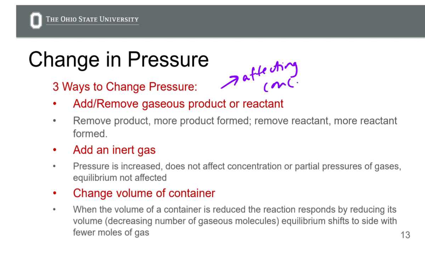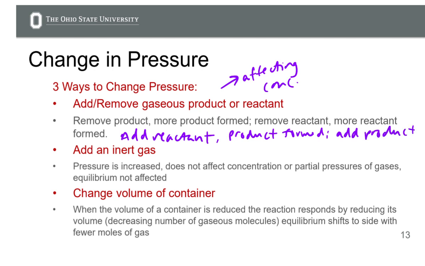If we remove a product, more product is formed. If we remove reactant, more reactant is formed. If we add reactant, product is formed. And if we add product, reactant is formed. Those are our 4 basic options.